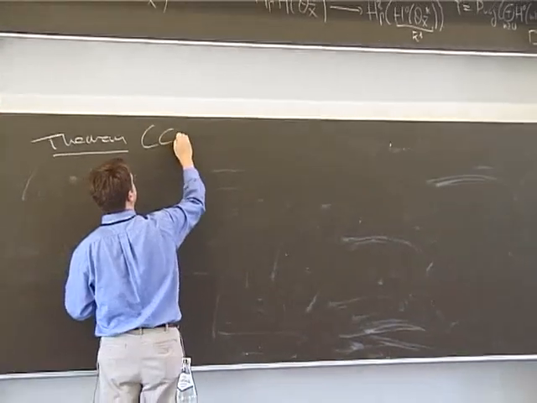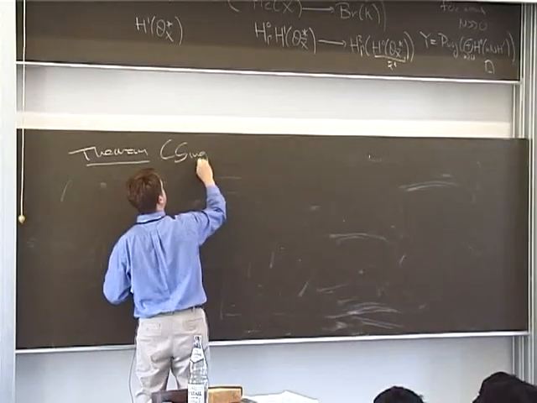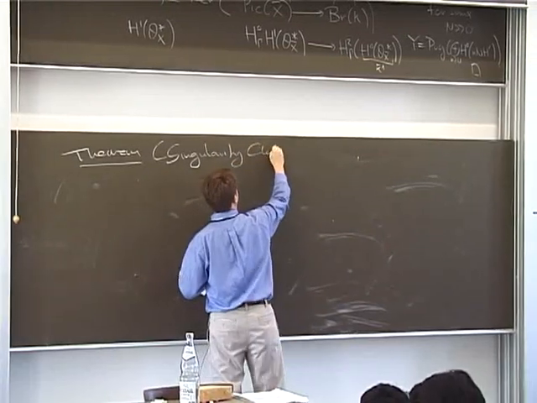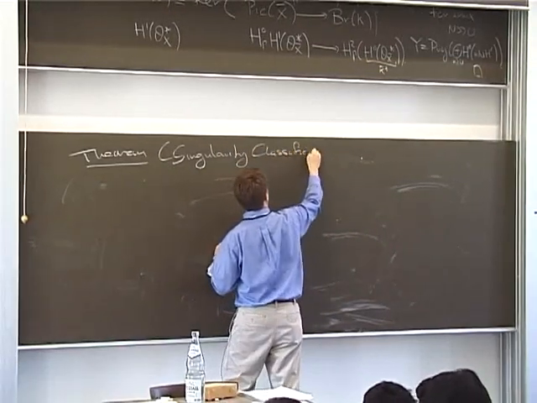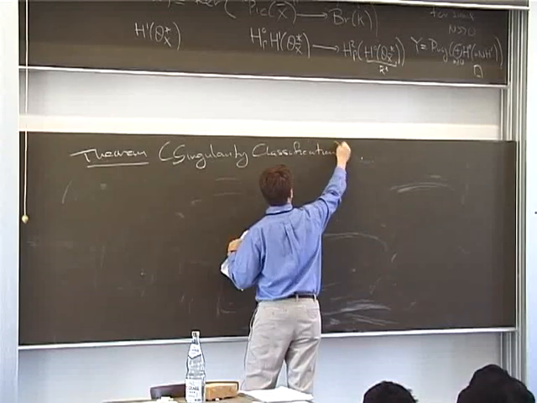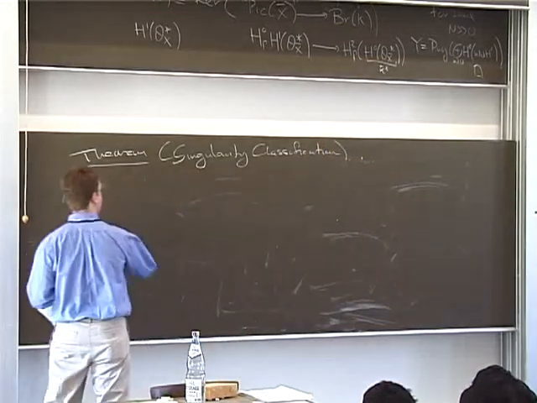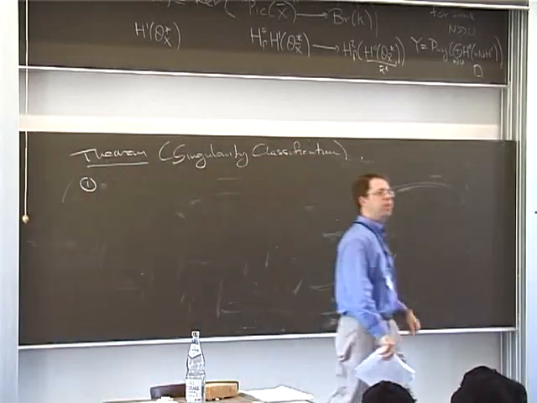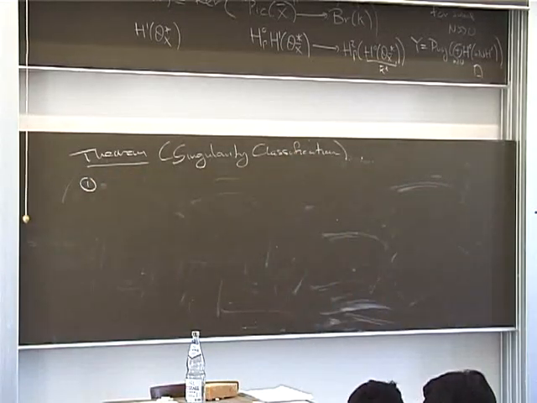So this is the singularity classification. So the first part, you should see the singularity classification part of the justification for the terminology. I'll show that all the fibers are actually conics.